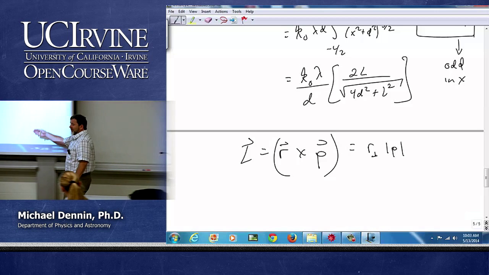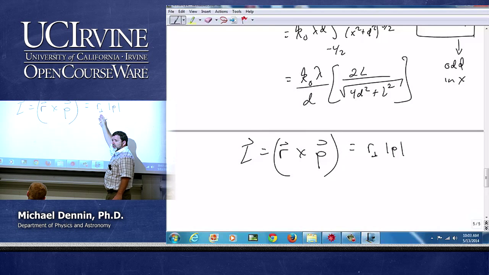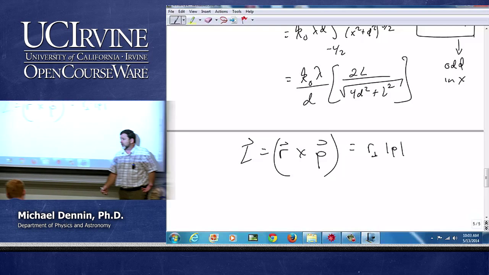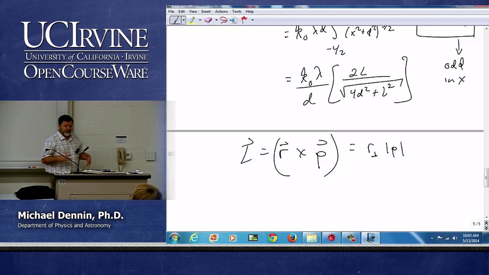Right? You don't need the sine theta term necessarily if you know what r perpendicular is. That might be an easier thing to use. Or if you have a dot product going on, you may not use the form with the cosine theta. You may use a different form, the idea that you're projecting on it. So look at your geometry. It can often help make the integral easy.